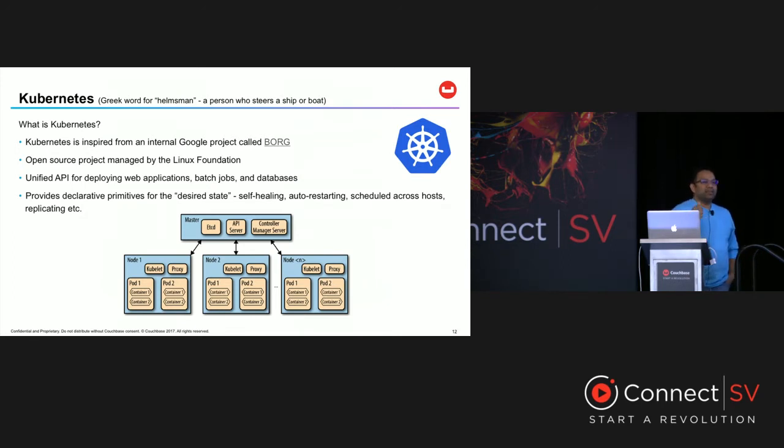So it's more of an orchestrator or coordinator kind of thing. It was inspired by an internal Google project called Borg. They built this Kubernetes project and open sourced it, and now it is managed by the Linux Foundation itself. It provides declarative primitives for the desired state, like self-healing, auto-starting, scheduling across hosts, and replicating. The current version of Kubernetes is 1.8.